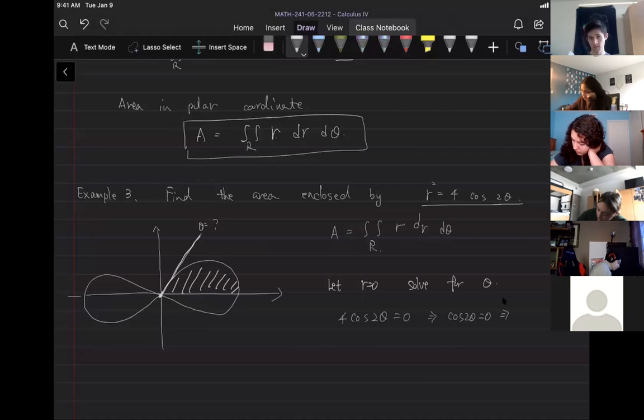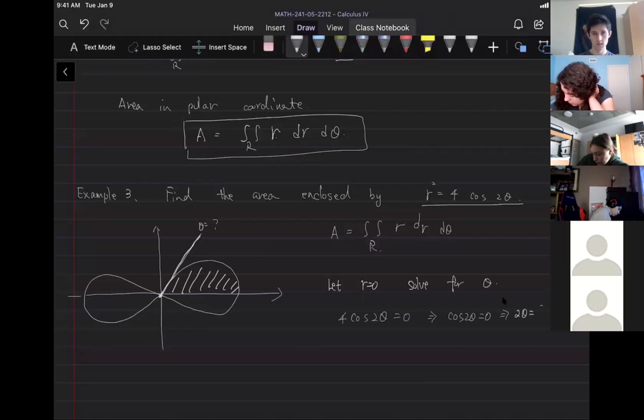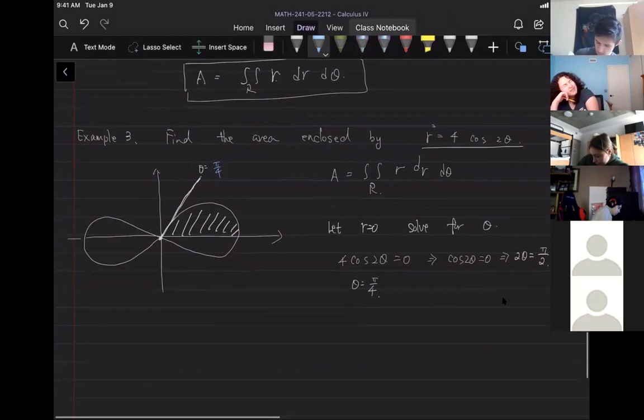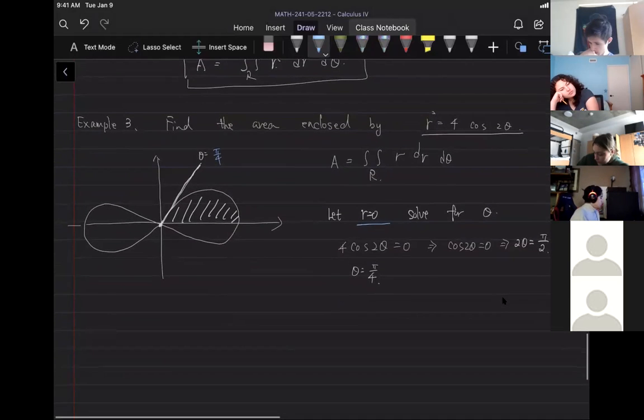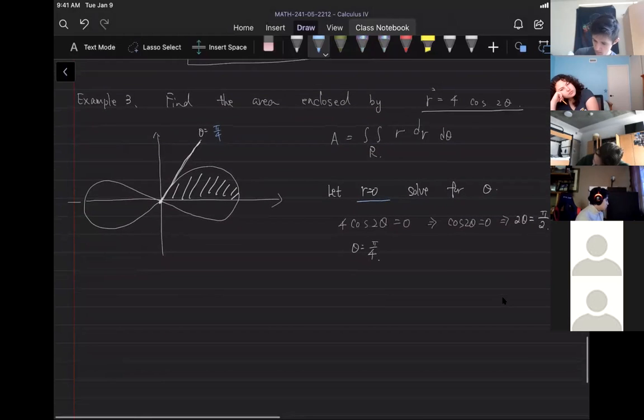And that means 2 theta equals what? 2 theta equals pi over 2. Yes, and what is theta? Pi over 4. Is that right? Okay. So firstly, we find pi over 4 because we need to know the limits for theta and r. So how do you find the pi over 4? Let r equal 0. And this is theta.